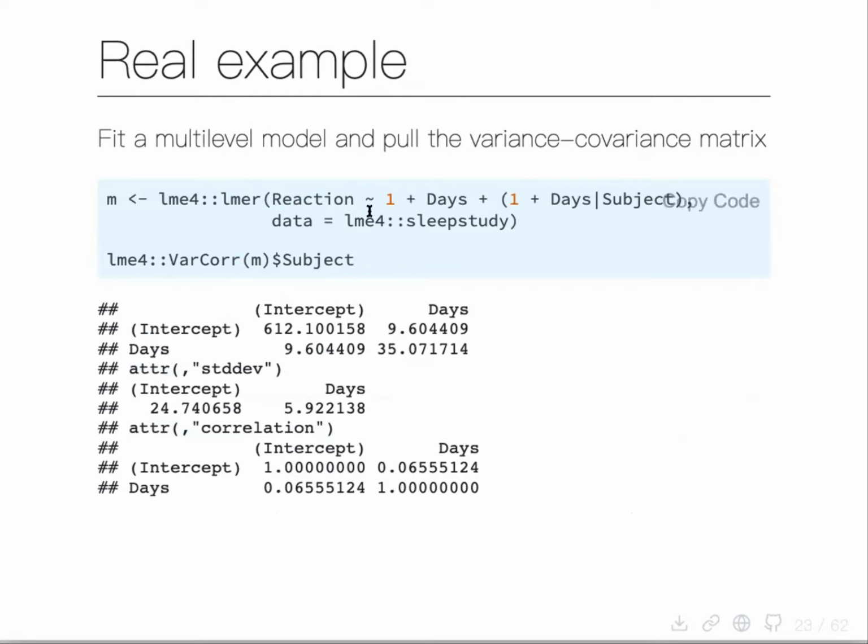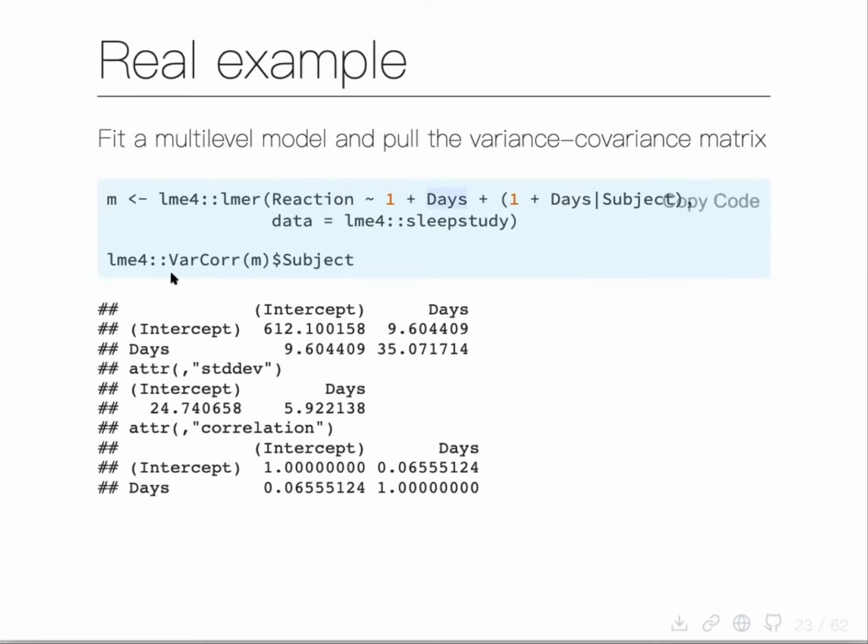So here's lme4, and we're fitting a model where reaction time is modeled by an intercept plus this days, which is days without sleep. It's kind of a messed up study, really. And the intercept and the slope for days are both random by subject. So that means there's an estimated variance in the intercept between people, and there's an estimated variance in days between people, so the slope of days, as well as the covariance between them.